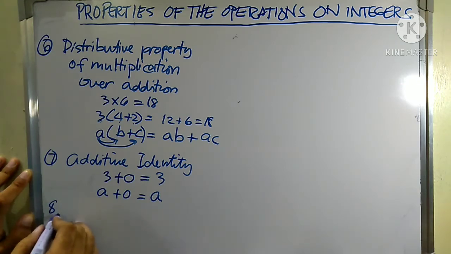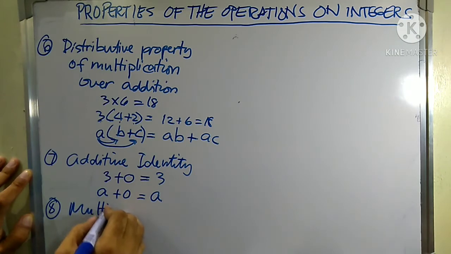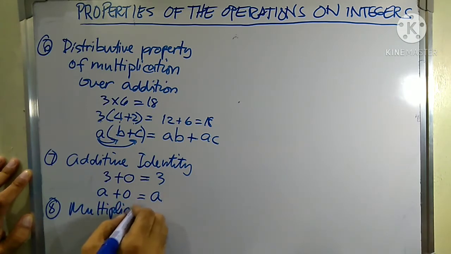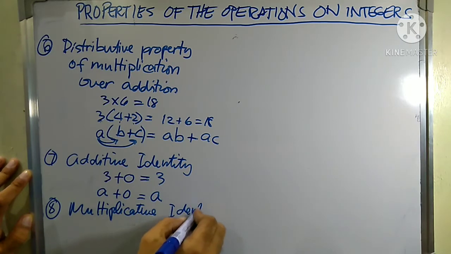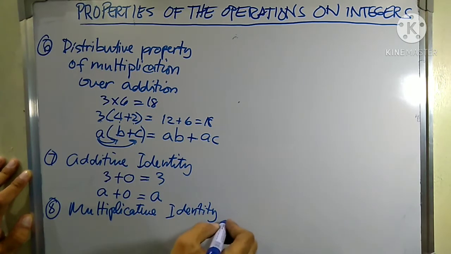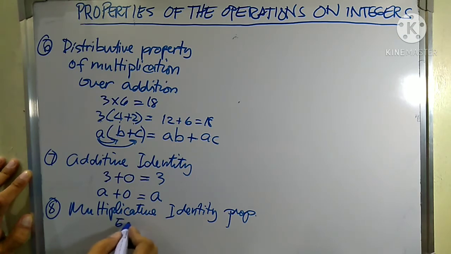Number 8. We have multiplicative identity property. For example, 5 times 1 equals 5.